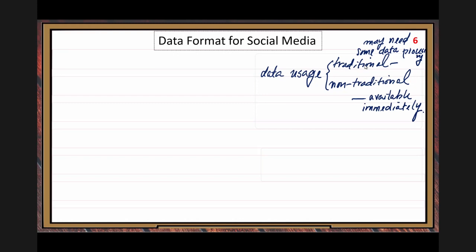But with social media, after you post it and put some hashtag, it is available through hashtags immediately. Traditional data has no hashtag, right?